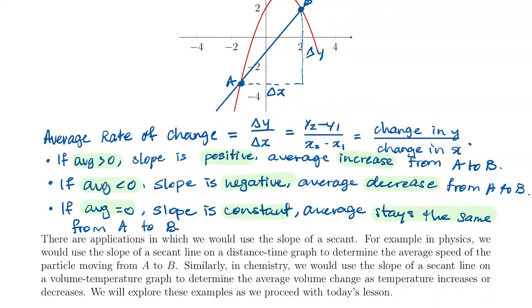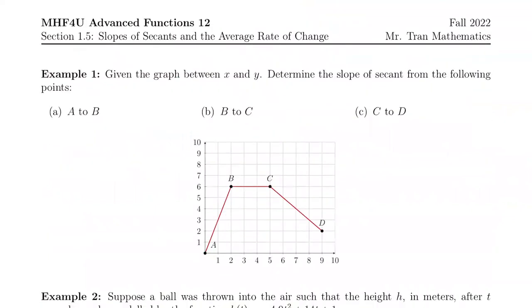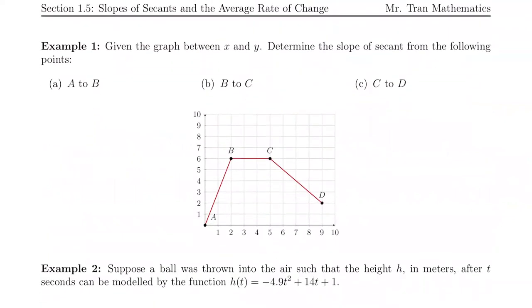Okay, so let's have a look at the first example. Let's say that we're given the graph between x and y, and we want to determine the slope of the secant of the following.